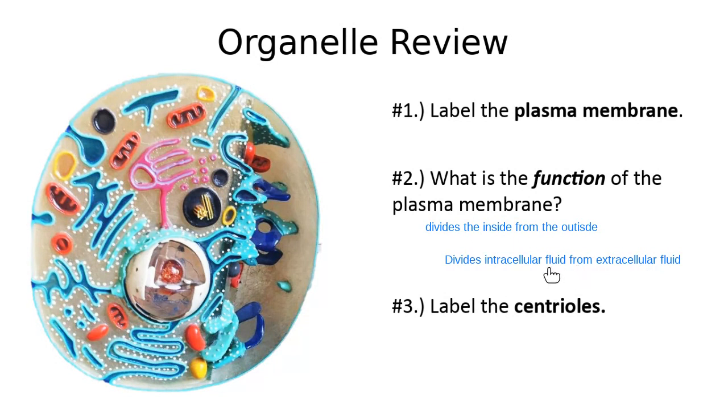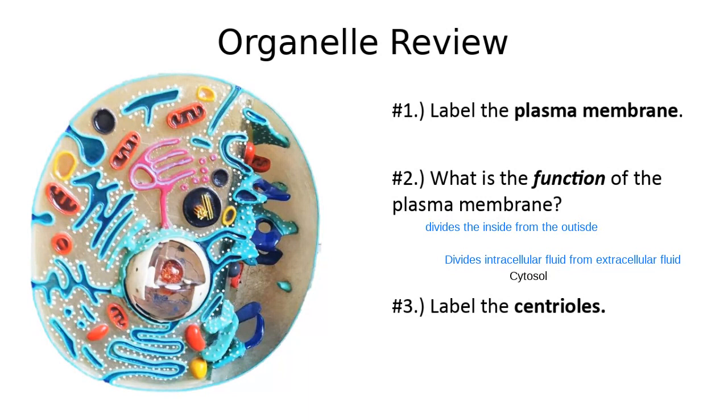Hey, when we talk about that fluid on the inside of a cell, there's only one name for it. What's the name of that fluid inside a cell? Yeah, absolutely right. Lots of us mentioned that fluid is called cytosol.